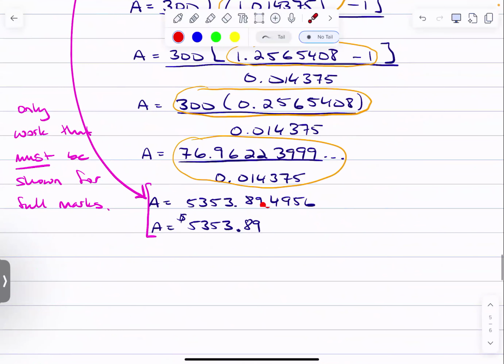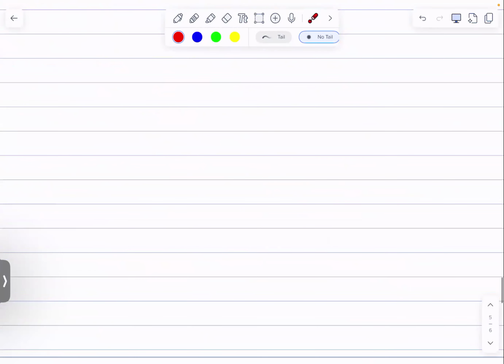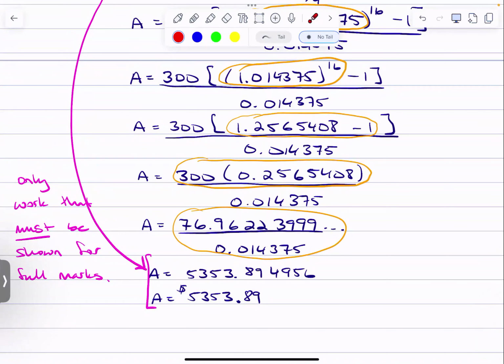At this point, because I'm about to round to 2 decimal places, I kind of stop caring, right? But as long as you get to this point and you get the right decimal at the very end, you did it. Okay. Nice. Any other questions about that one? Especially about showing work, stuff like that.